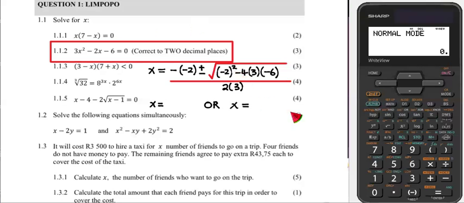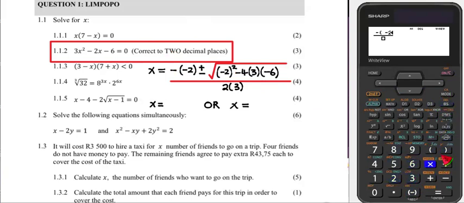So we're going to have x equals, and always 2 decimal places for you guys. We used to do 3 decimals. I love 3 here, but they said 2 decimals. So let's start with the positive. There's a division. So I've got negative, open the parentheses, negative 2. Did I put the 2? No, I did not.